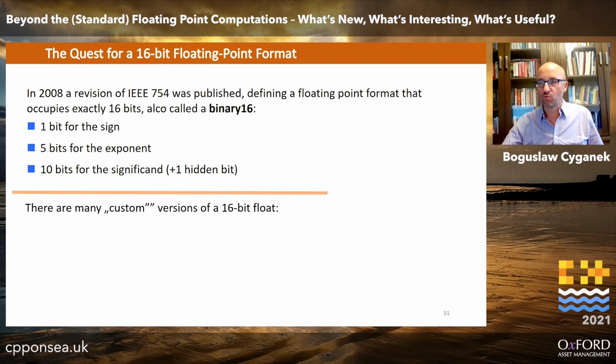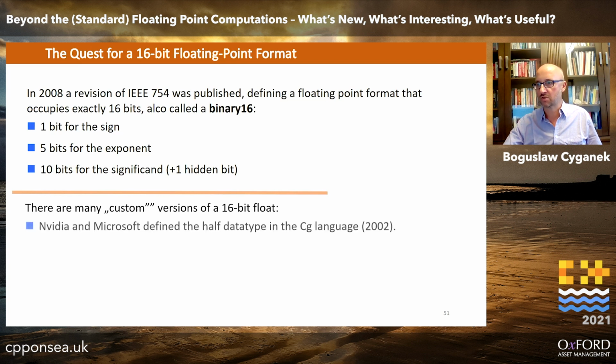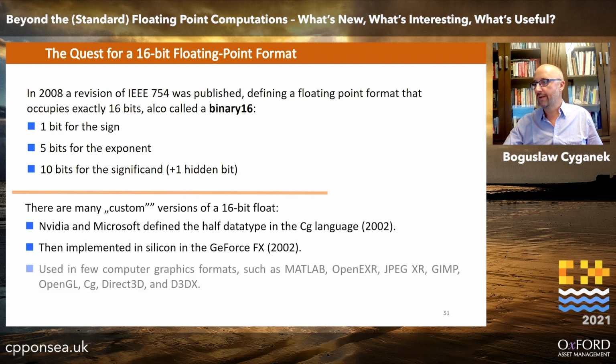There were many custom versions of 16-bit float because it was necessary in many computations. NVIDIA and Microsoft defined the half type in the Cg language before the standard was updated to binary16, implemented in silicon by NVIDIA GeForce. Graphics cards also used it in computer graphics formats, MATLAB, OpenEXR, JPEG, and so on.